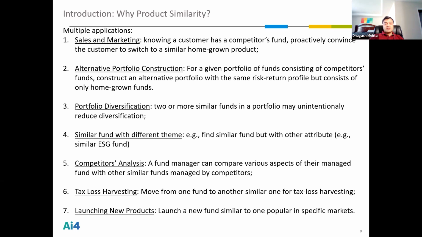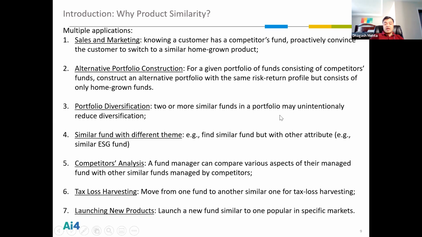The second application is alternative portfolio construction. If you see a portfolio of mutual funds, a fund of funds with all mutual funds in it that are your competitors' products, then you can try to replace all these competitors' mutual funds with similar homegrown products, again retaining the same risk and return profile. The third application is portfolio diversification.